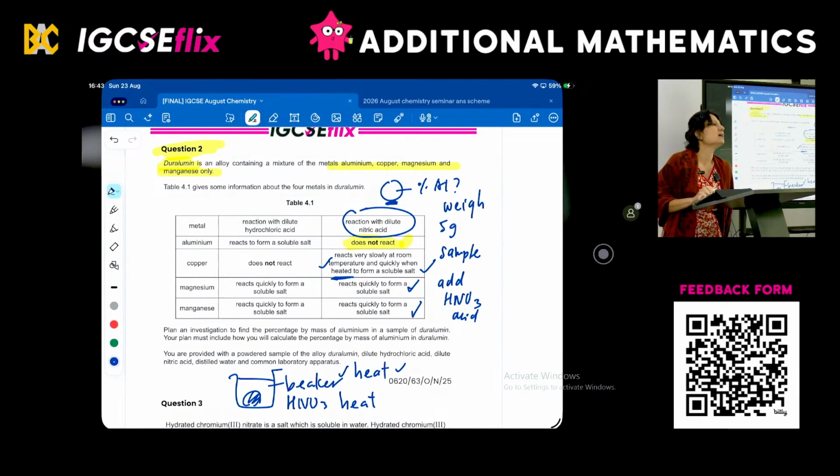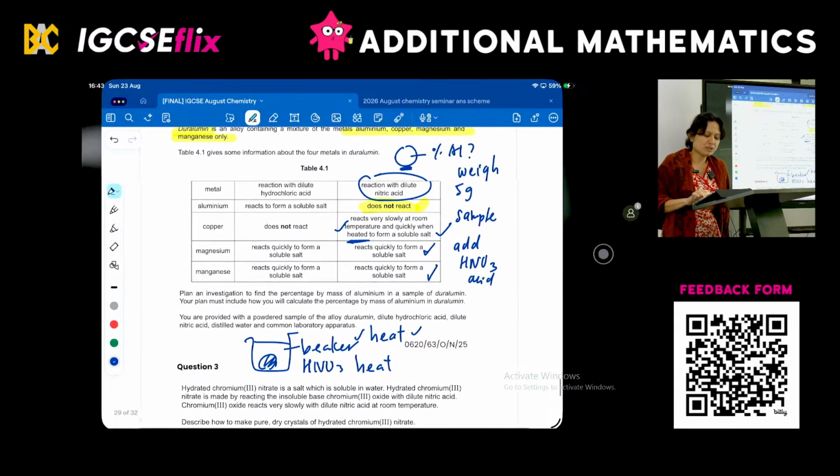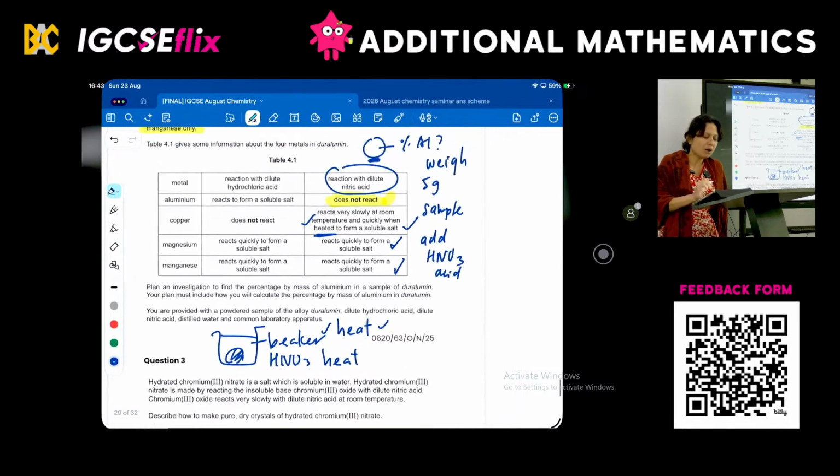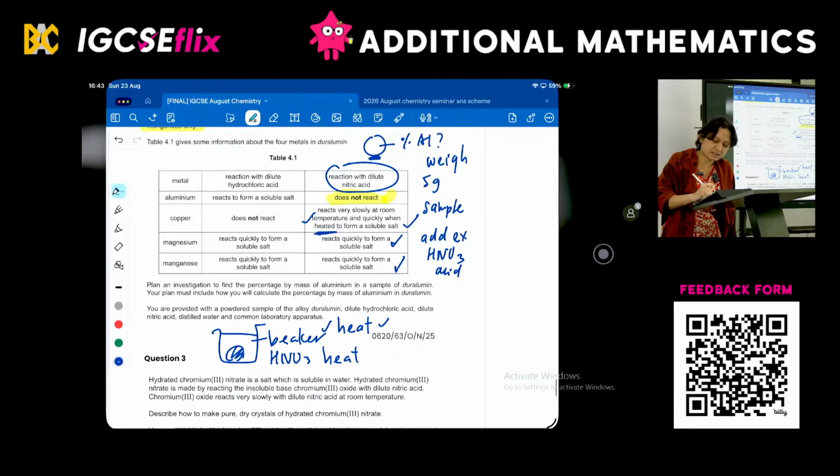Only the aluminium. Now, do I have to make sure all the copper, all the magnesium, all the manganese reacted? Yes. So, should I add more duralumin or more acid? More acid. Adding more is called what? Excess. So, all you need to say is add excess.